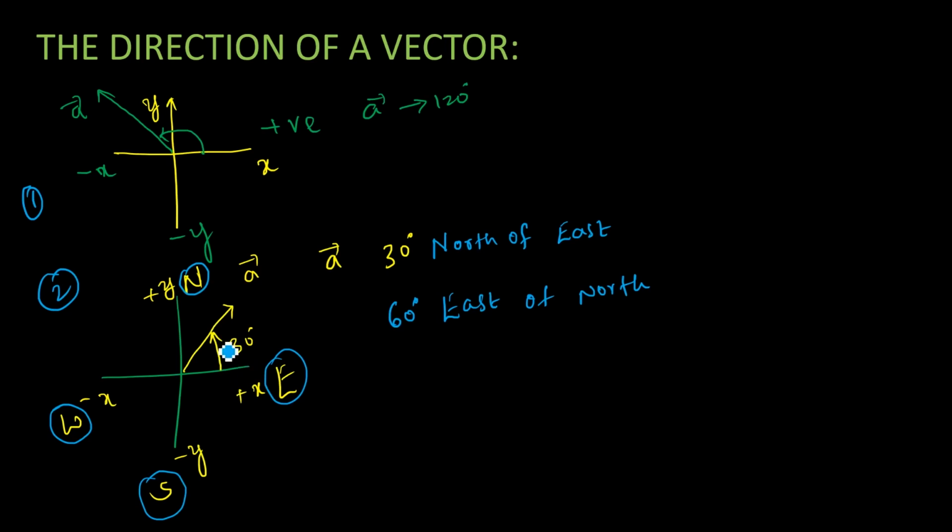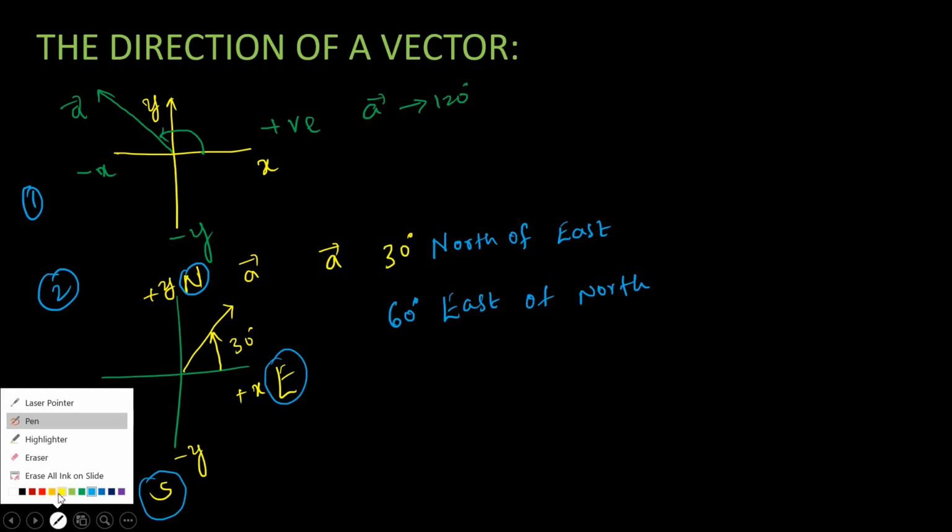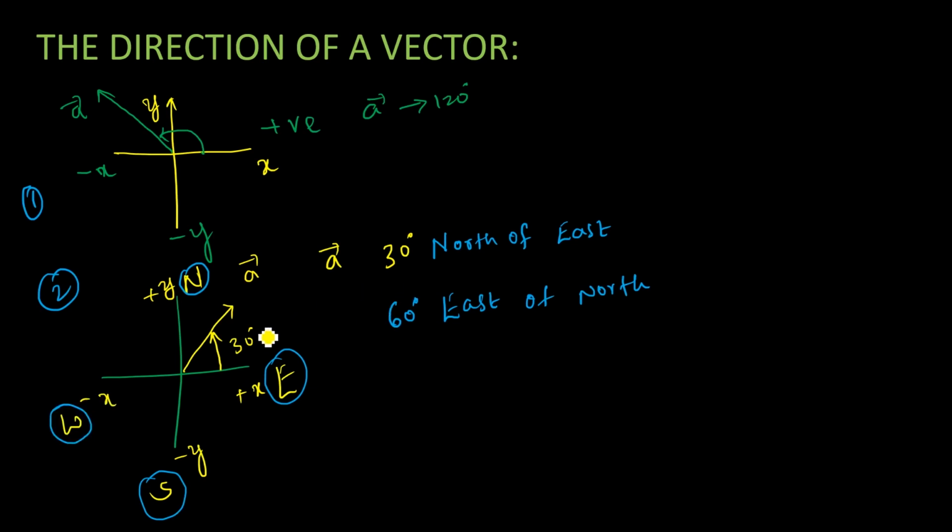Here 30 degrees is mentioned. The arrow mark shows which direction we have to take first. Observe the arrow mark carefully. It is shown towards north, so that is the reason I'm taking north first, then east.